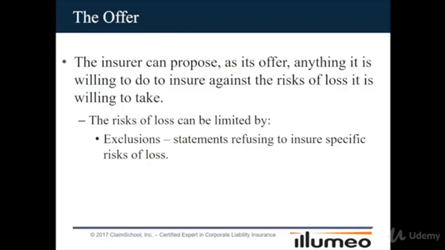The insurer will add or subtract certain exclusions, that is, statements in the policy refusing to insure against certain specific risks of loss, such as they refuse to insure against the risk of loss of an assault or battery by you or any of your employees, or they refuse to accept the risk of loss of injuries caused by your negligently polluting property, or they could exclude the risk of loss of your defaming someone.